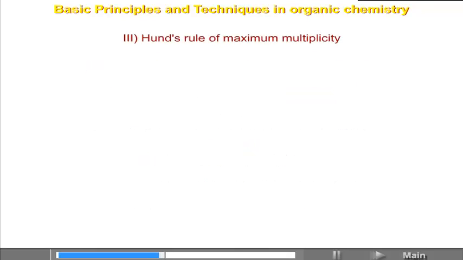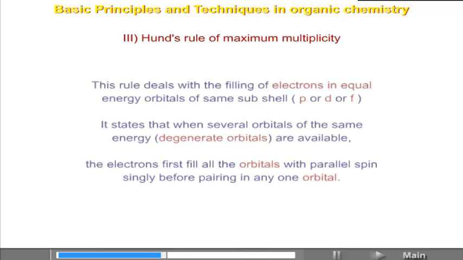Third one, Hund's rule of maximum multiplicity. This rule deals with the filling of electrons in equal energy orbitals of the same subshell, p or d or f.